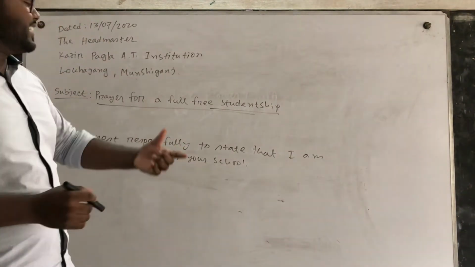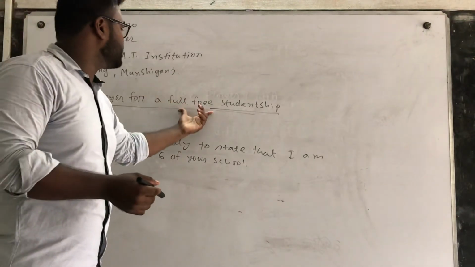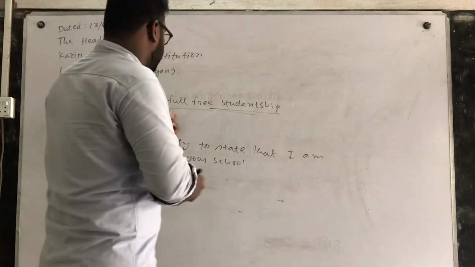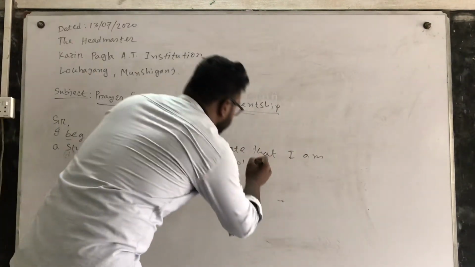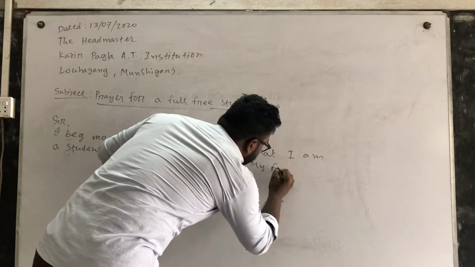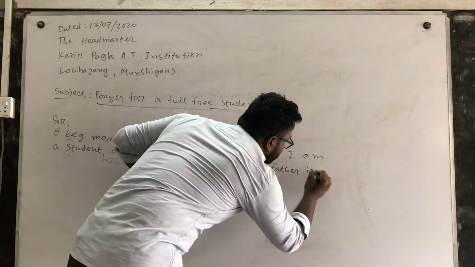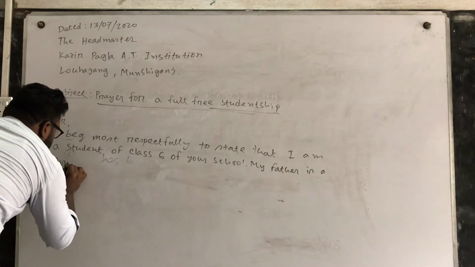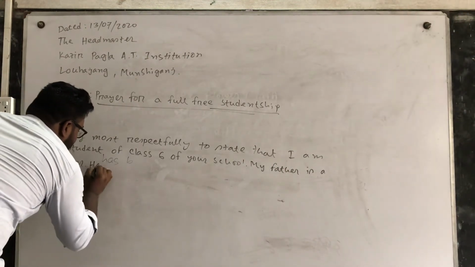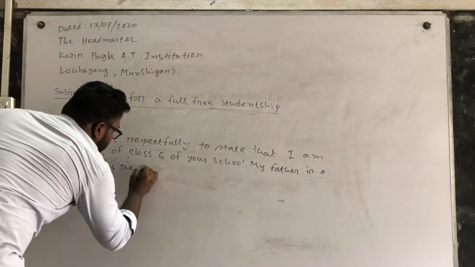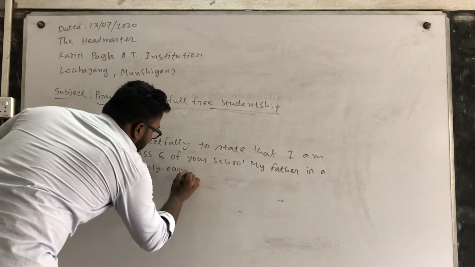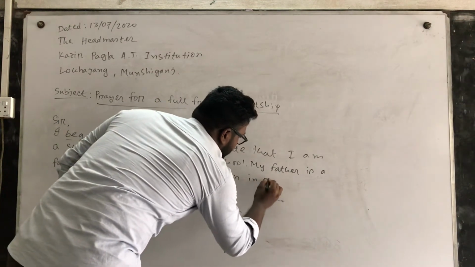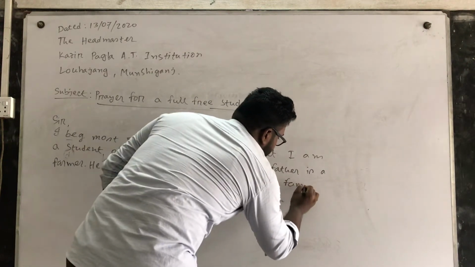Then you will write about your concern, about your mentioned subject. Here you want a full free studentship. That my father is a farmer. He is the only earning person in our family.